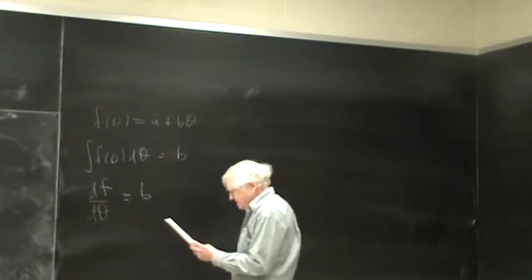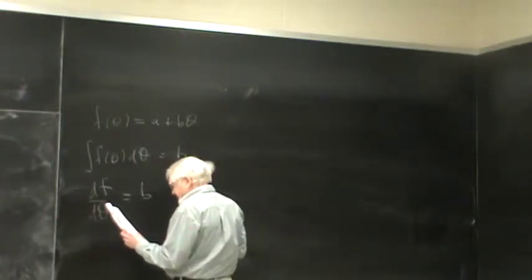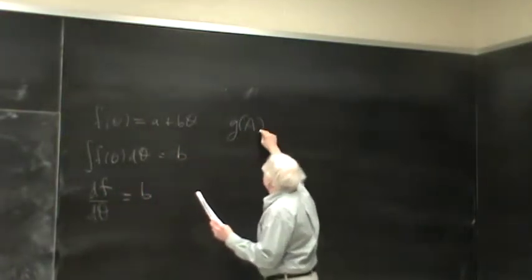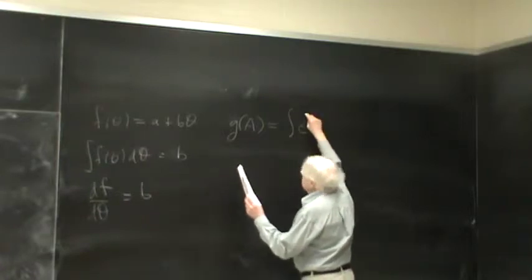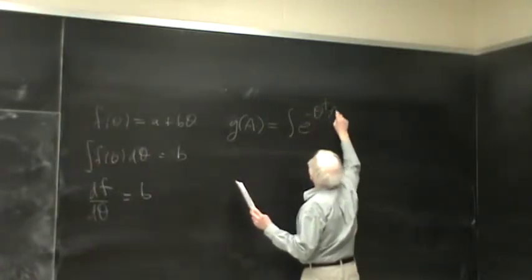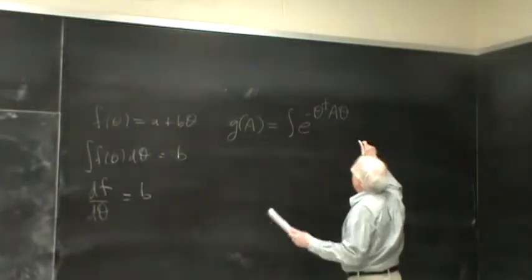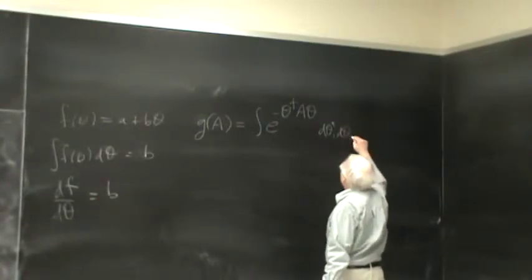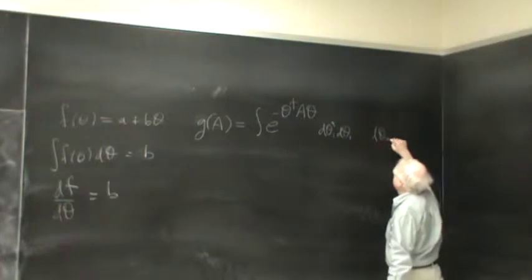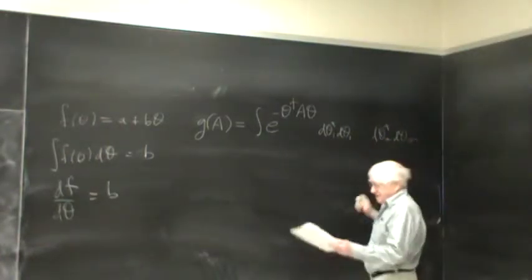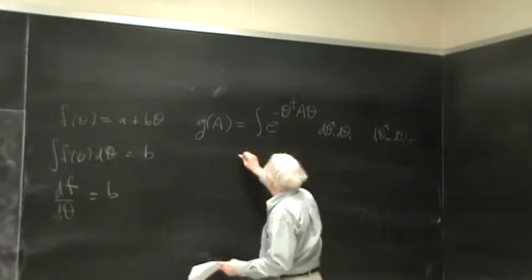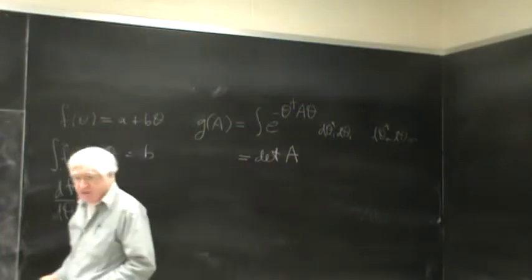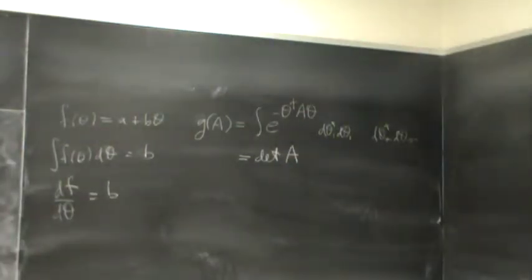Okay. Last time, what we learned was that if we had a function of a matrix that was e to the minus, let us say, theta dagger A theta, and then we had d theta star 1, d theta 1, dot dot dot, d theta n star d theta n, then this was equal to the determinant of the matrix A. Here I'm thinking of A as being a complex square matrix.